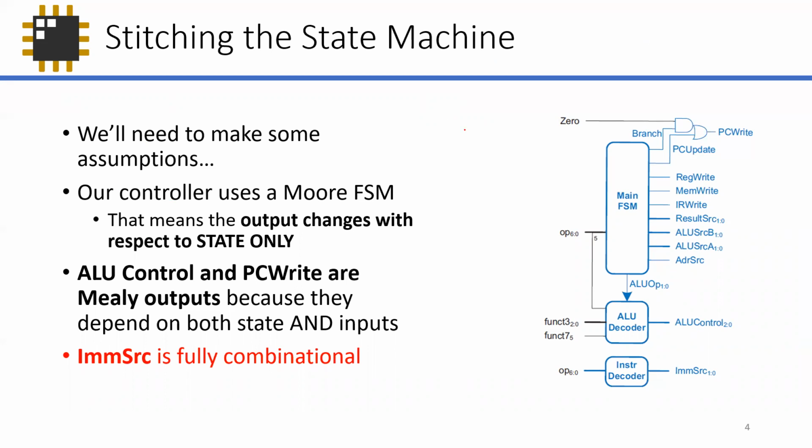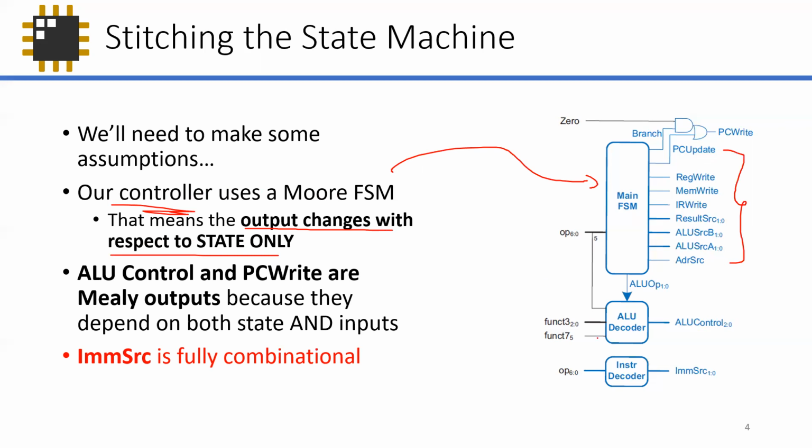So here, we'll make a few assumptions, that the controller uses a Moore finite state machine. We'll get back to that, but what it basically means is that the output changes only with respect to the state. So any change in the input doesn't change the output, but only changing the state does change the output. By our main controller, I mean this main finite state machine that controls this specific set of signals.